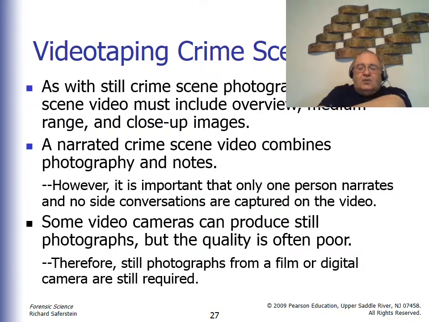Now, this textbook addresses cameras that, as we've developed DSLRs, have the capability not only to take still images, but you can also take videos. But they mentioned that the videos are of poor quality and the photographs are poor quality. Well, in the last 2 to 3 years, that has greatly improved.